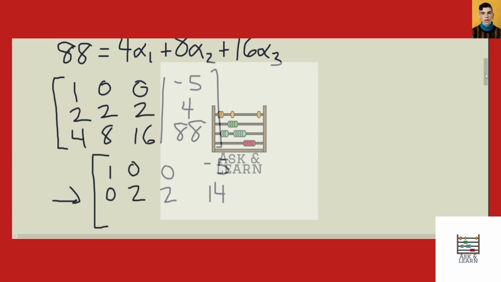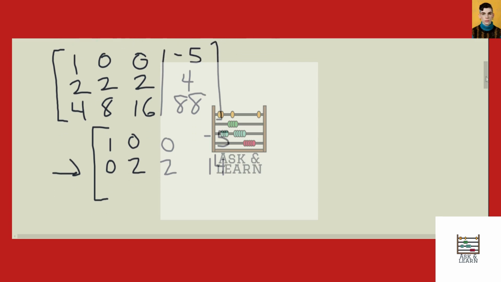And we'll subtract 4 of row 1 from row 3. So we get 4 minus 4 is 0, 8 minus 0 is 8, 16 minus 0 is 16, and 88 minus 4 times negative 5, this is 88 plus 20, which is 108.